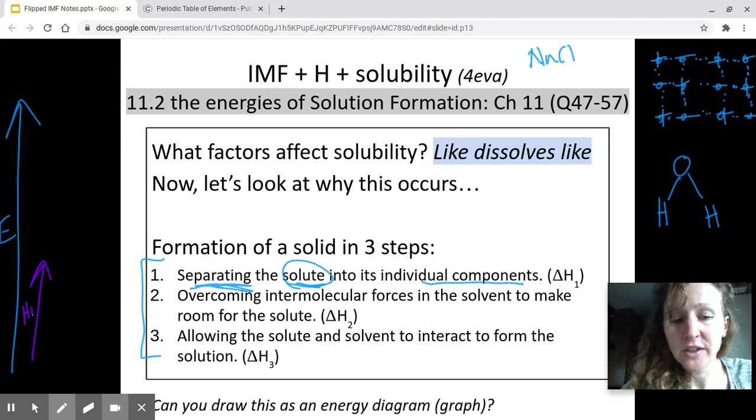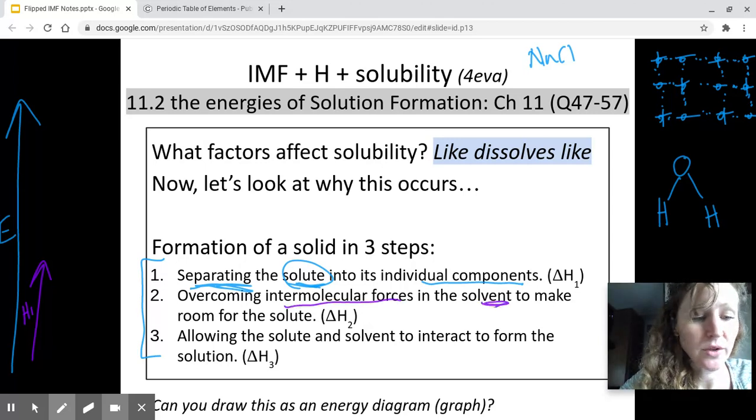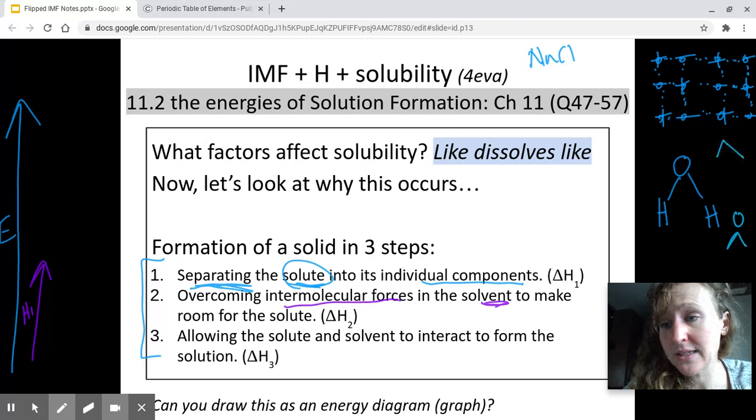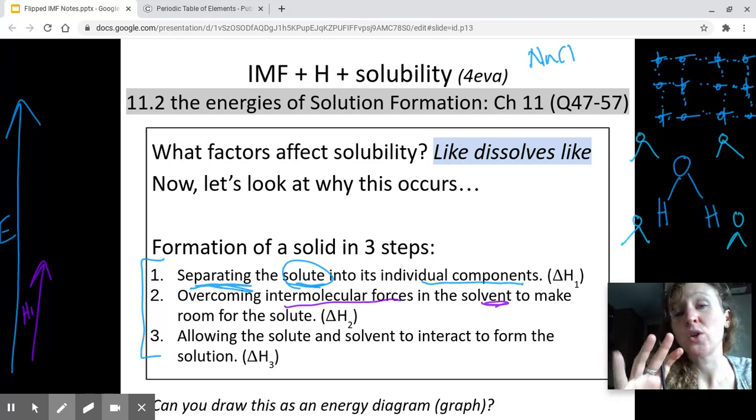Okay, second of all, we have to overcome intermolecular forces in the solvent itself to make room for the solute. So we have water down here, and remember, this water is pretty organized, right? It is at happy distances away from each other. It's oriented so that the dipoles line up.